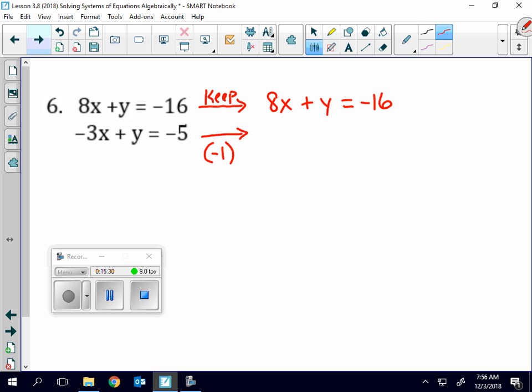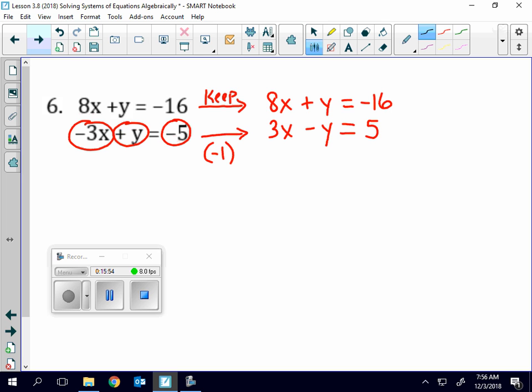So that just changes the signs. So from a -3x, we're going to change the sign to be a positive 3x. Instead of a positive y, we're going to have a negative y. And instead of a -5 on the other side of this equal sign, we're going to have positive 5. All you're doing is changing the signs.